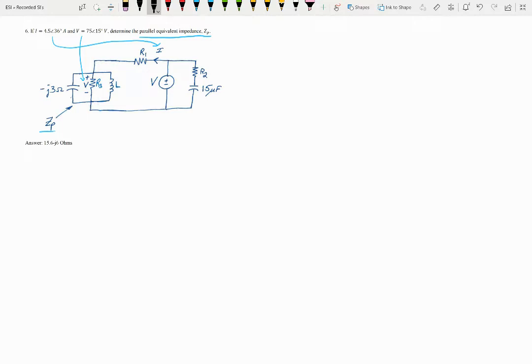So let's see what we can do. I'm going to call this bunch here Z1. Okay. So that Z1 is going to be a parallel value. So Z1 will be equal to ZP1.